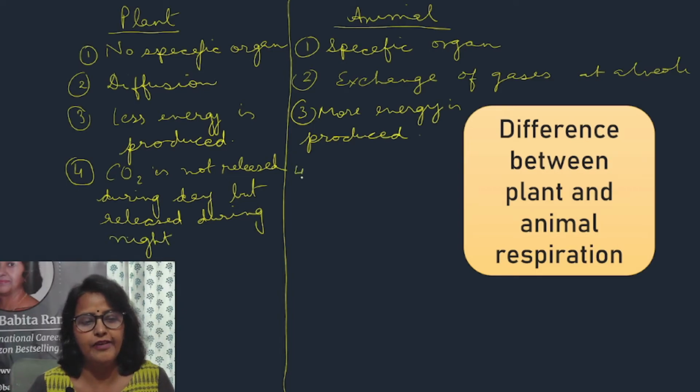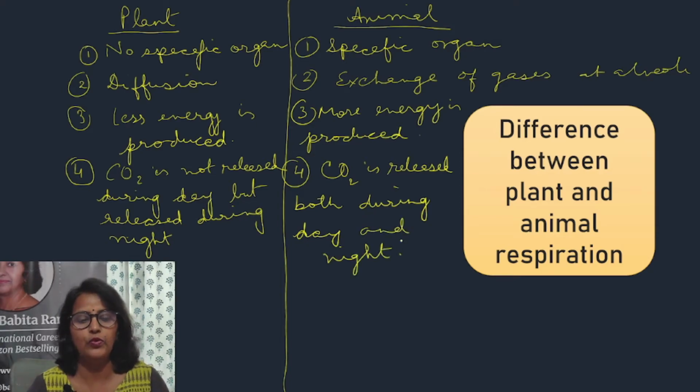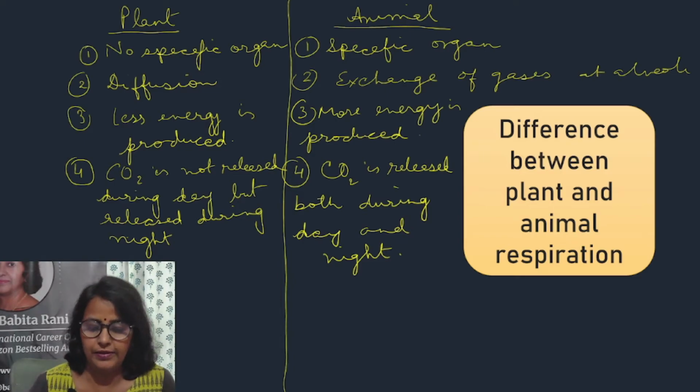But in case of animals, CO2 is released both during day and night. So these are some of the differences between plant respiration and animal respiration.